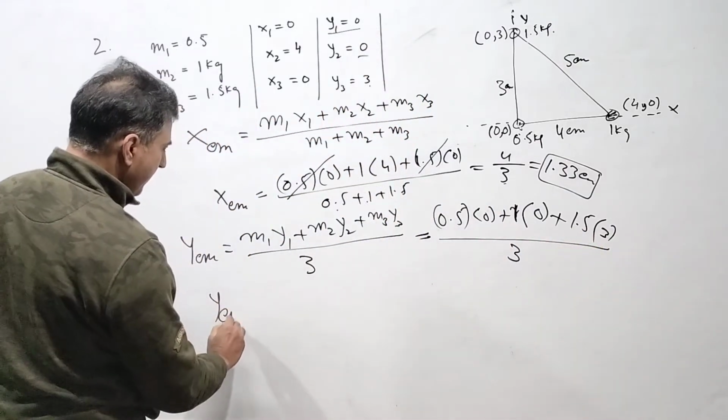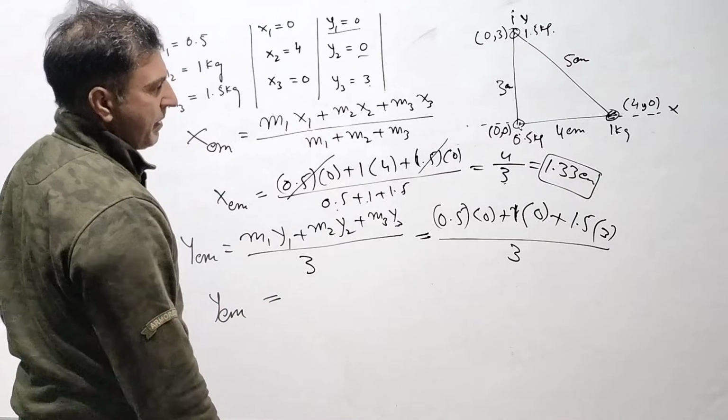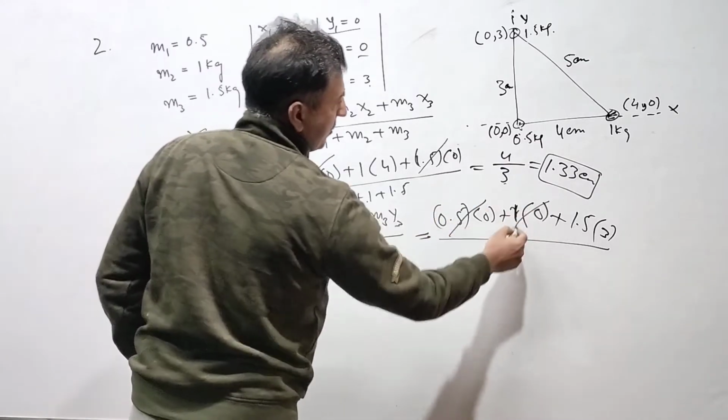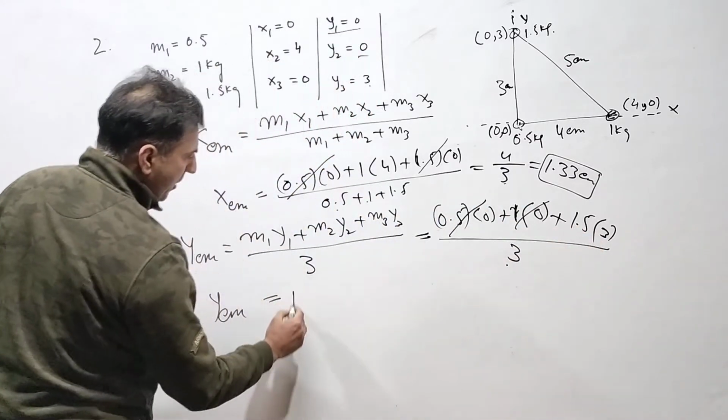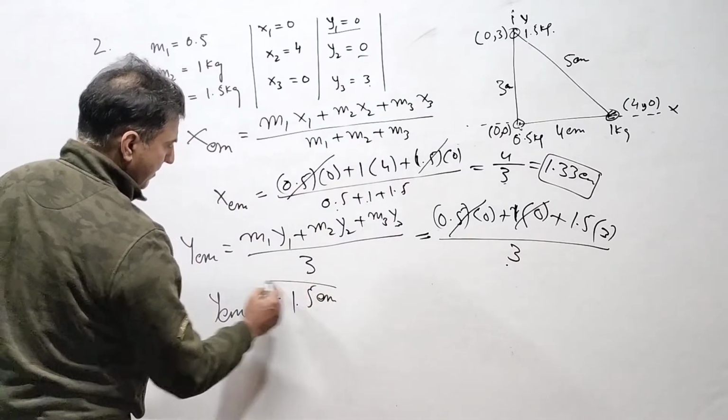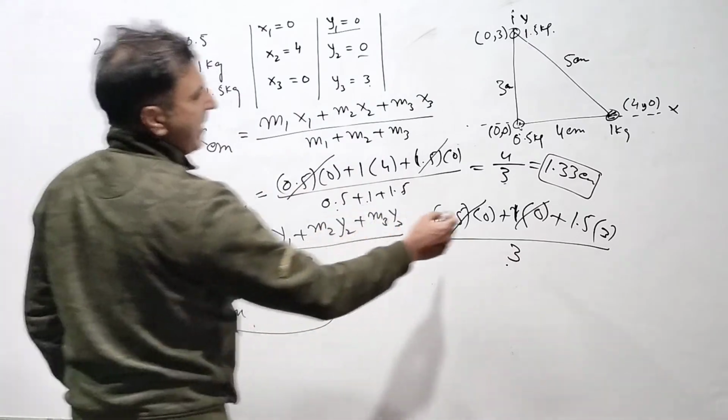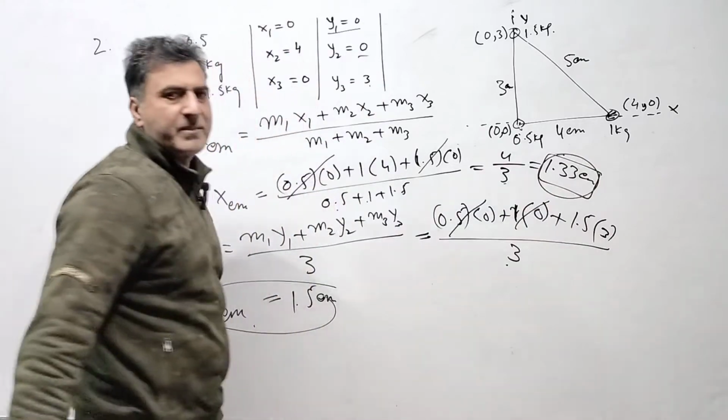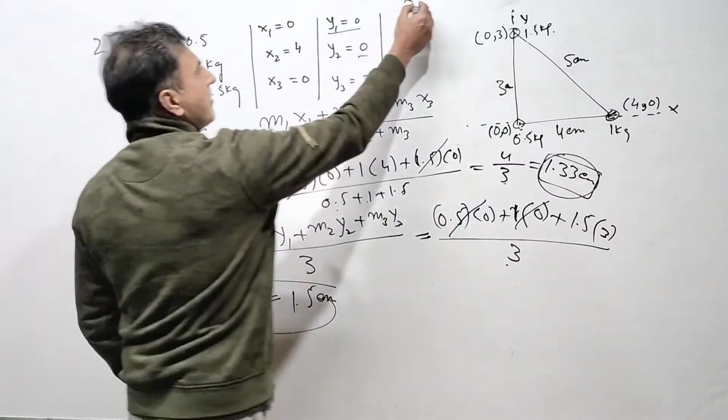So ycm equals, this is 0, this is 0, this thing cancels, 1.5 centimeters. Answer. So this is the y coordinate and that is the x coordinate of the center of mass. That's all.